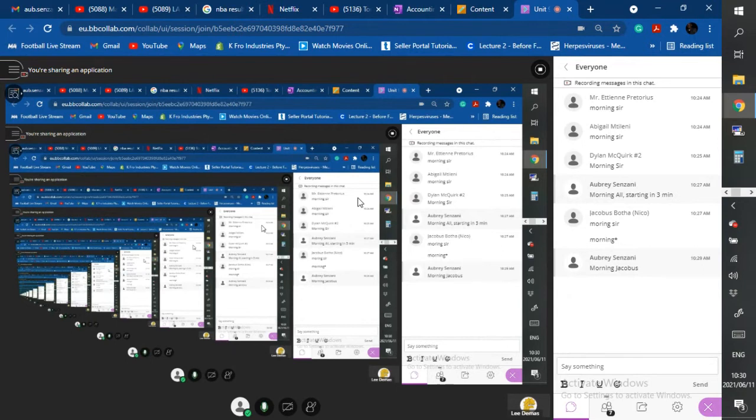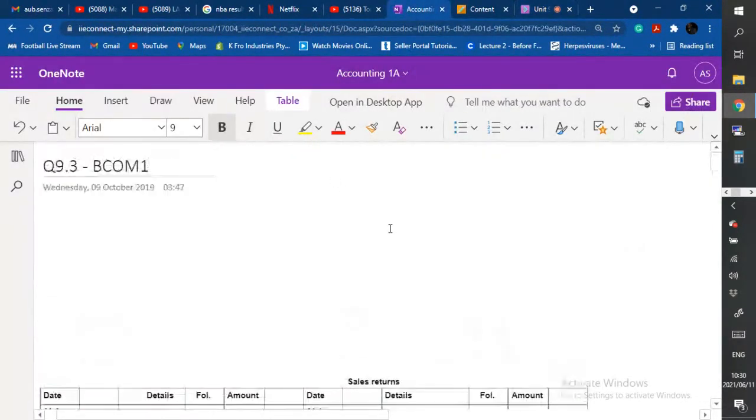Under the required, it says use your calculator and determine the net profit earned for the year ended 28 February 2009, purely by looking at the trial balance above, all right? So quickly, let's do that.